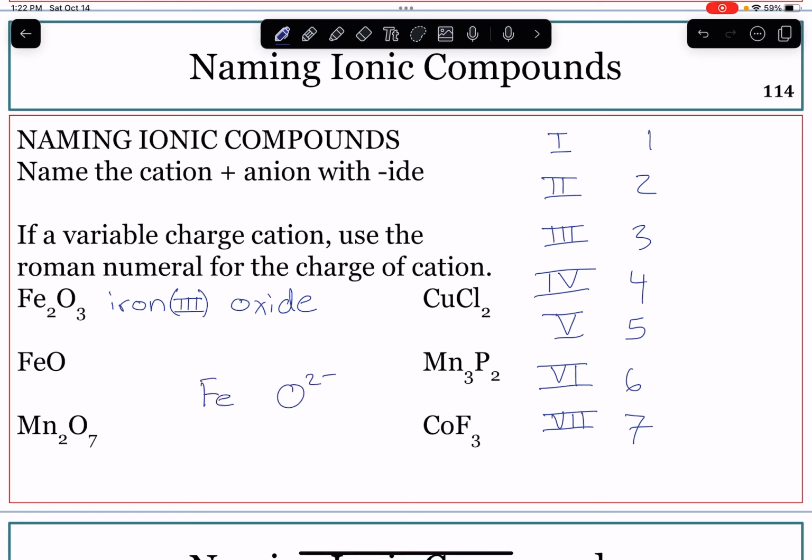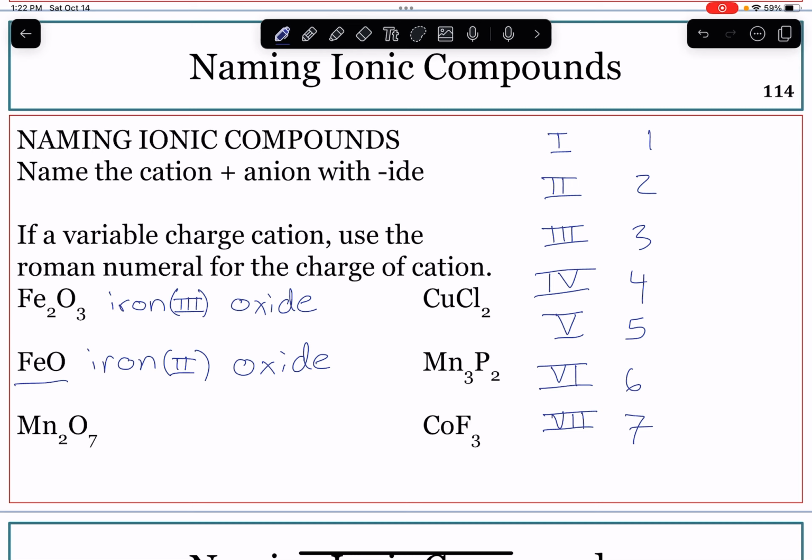Therefore, the iron must be a +2 charge to make a neutral compound. So we're going to label this iron with a Roman numeral 2, oxide. So this is called iron(II) oxide. Again, the Roman numeral 2 does not mean we have 2 irons, because we don't. We only have 1 iron. The Roman numeral 2 means we have a 2+ charge on the iron atom.